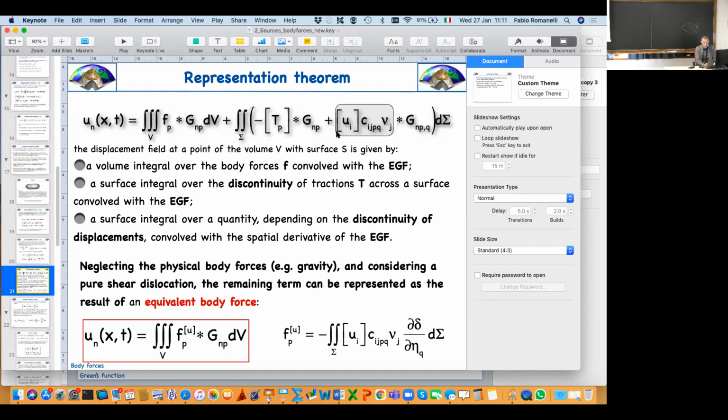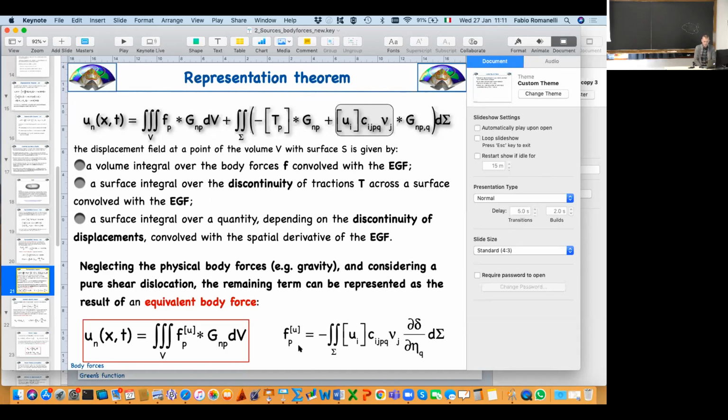Then we are left with these two terms. The first one is related to any discontinuity in the stress, in the traction, like an opening. And we neglect it because we want to study a pure shear dislocation. And we are going to write the third term as if it is represented by a new body force that is no more gravity, but is representing the shear dislocation.